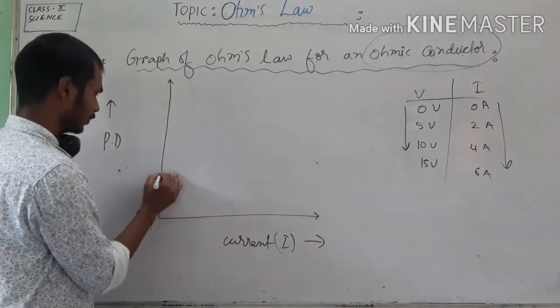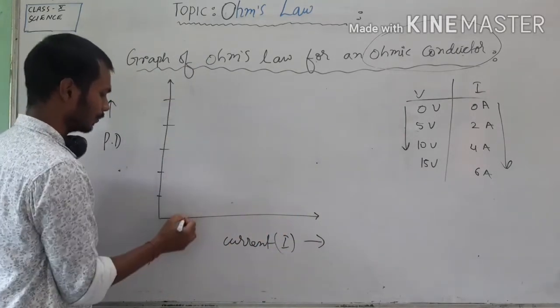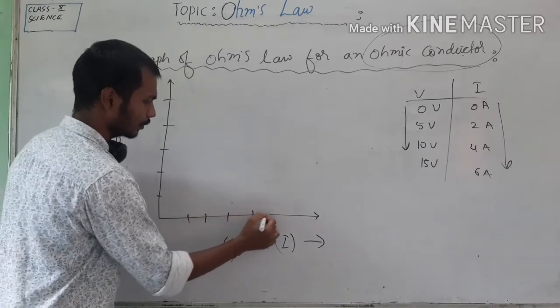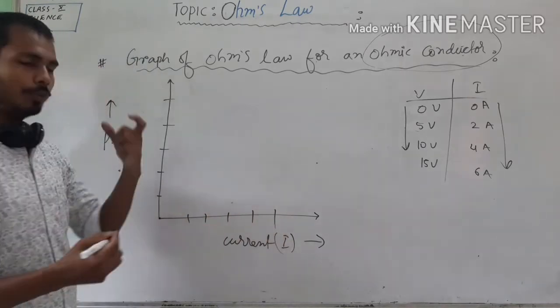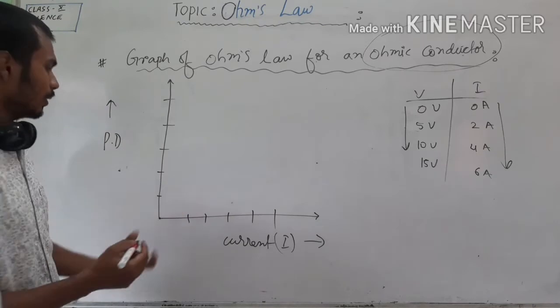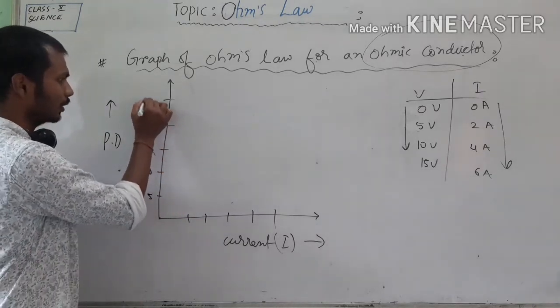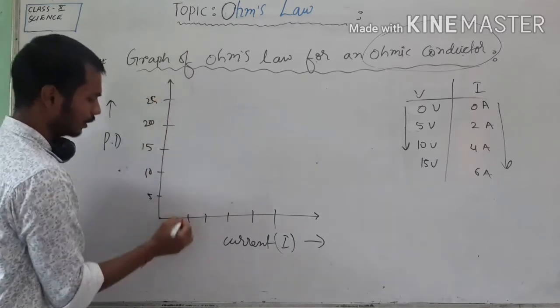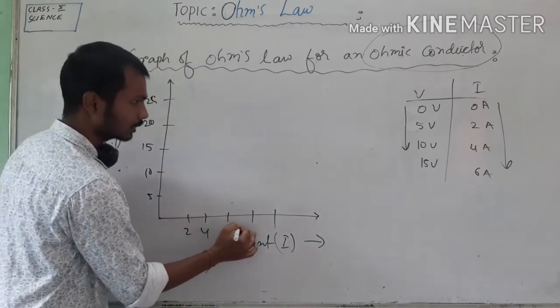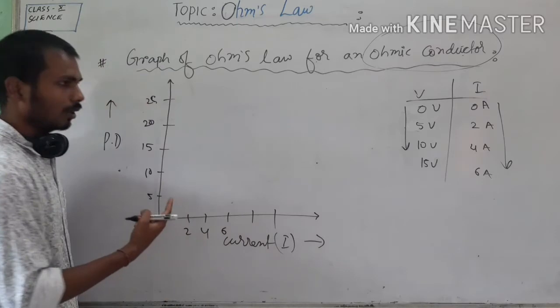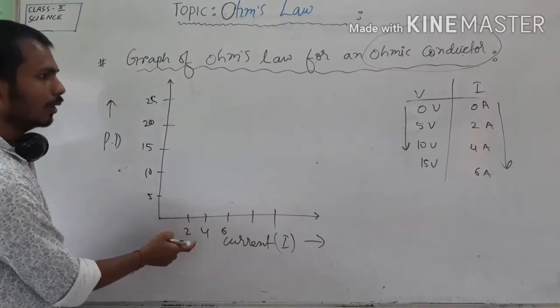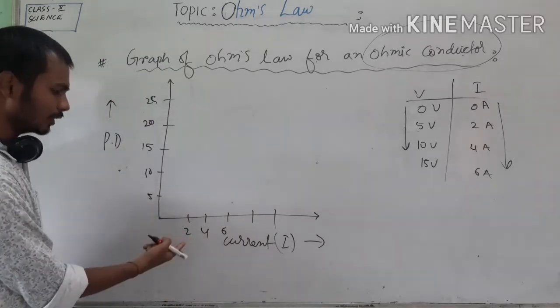Marking 1 2 3 4 5 on the axes, with voltage 5 10 15 20 25 and current 0 2 4 6. Now plot the points. When current is 0, voltage is 0.